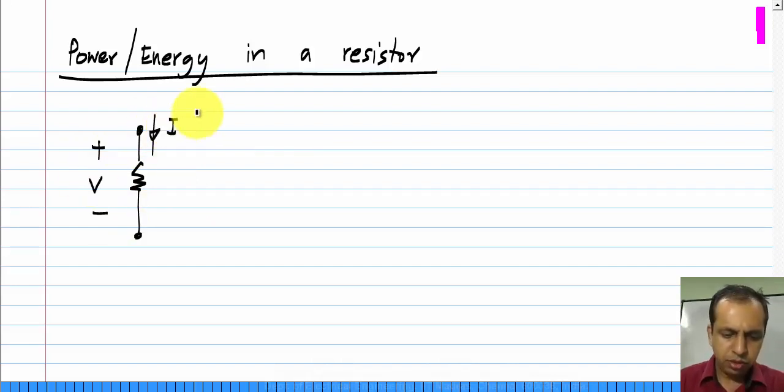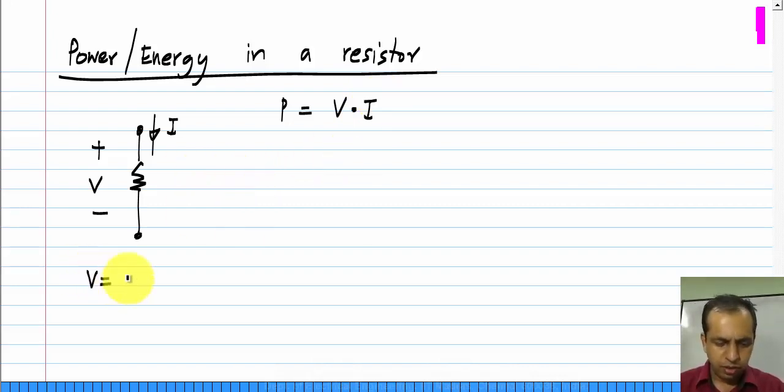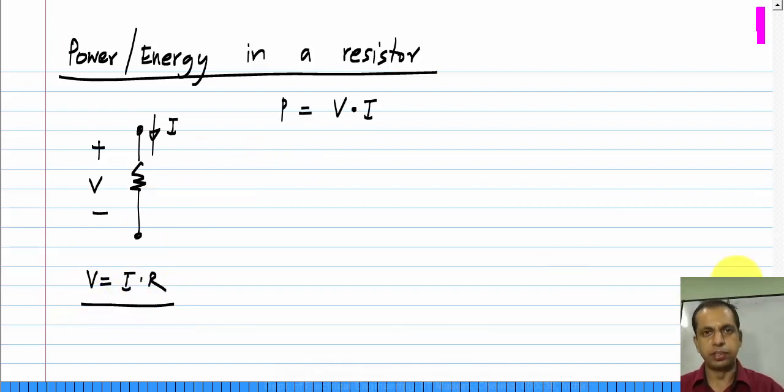As usual, take voltage and current with the passive sign convention, and for any two terminal element, P of course is V times I. Each of these can be time dependent also. But now, for a resistor, the voltage is current times the resistance.